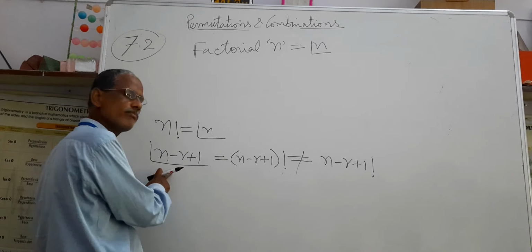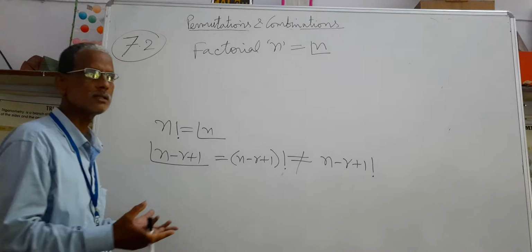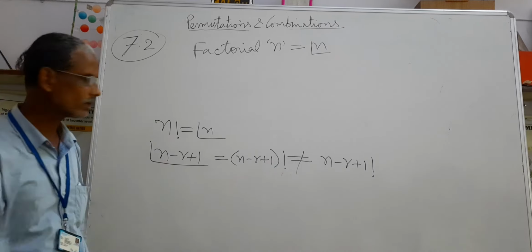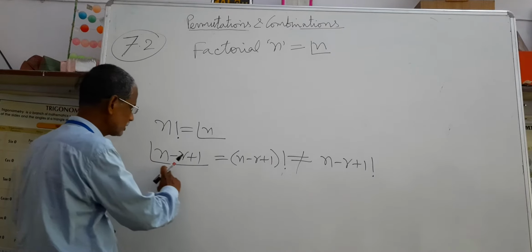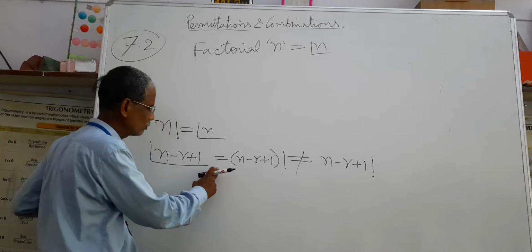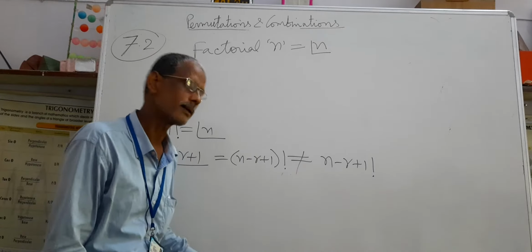Therefore, it is a simple method: write n minus r plus 1 or anything which goes in factorial, draw vertical lines, and extend up to the base. This is the method of writing factorial.